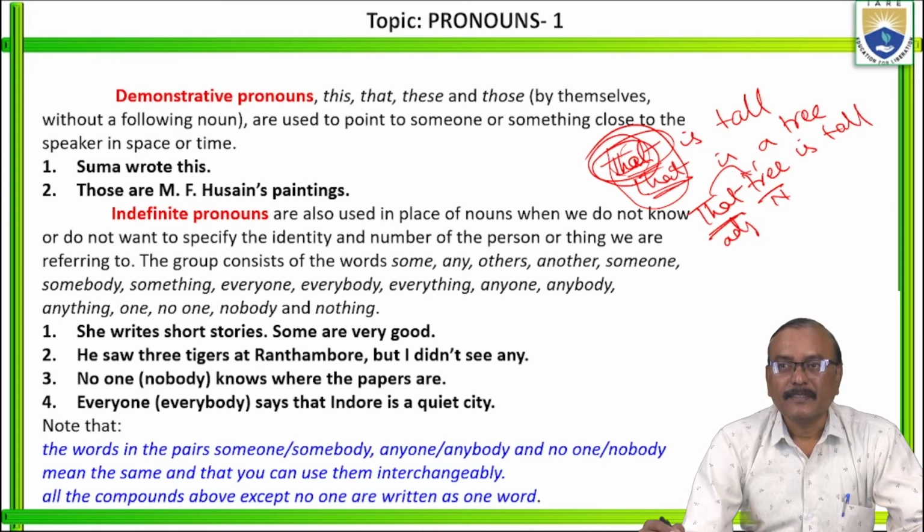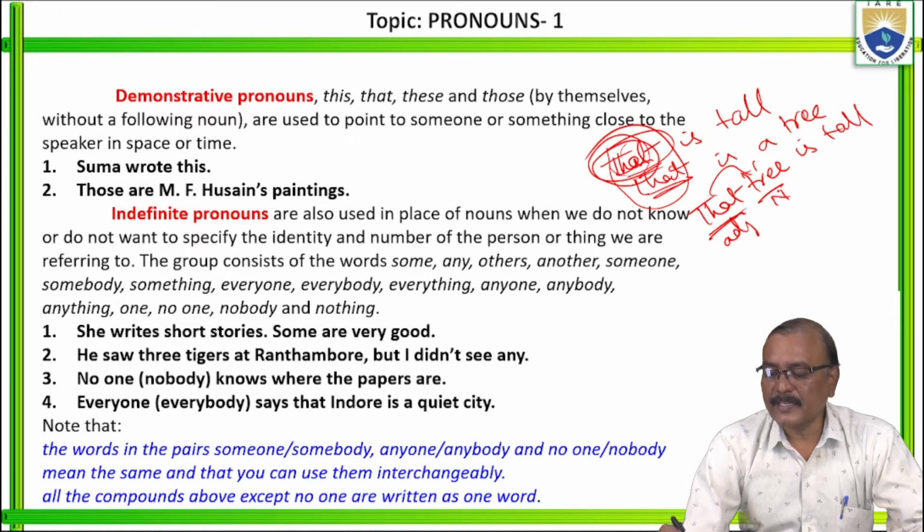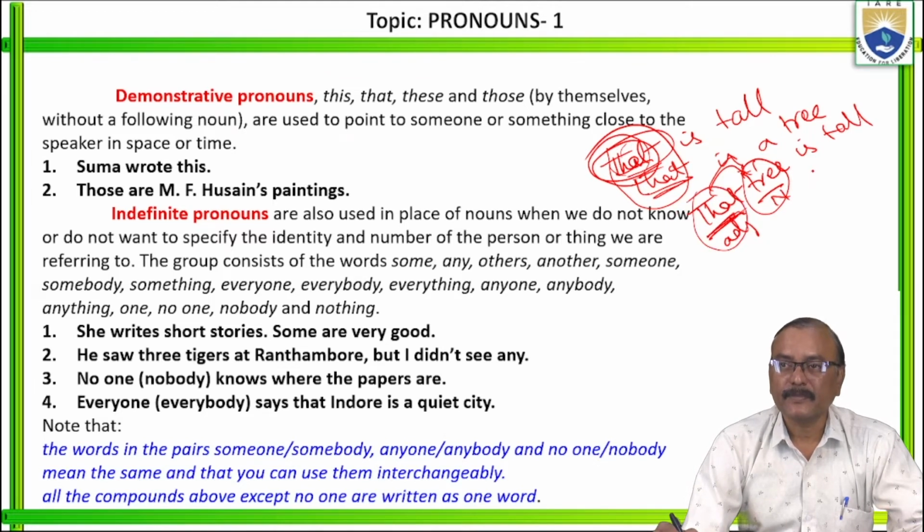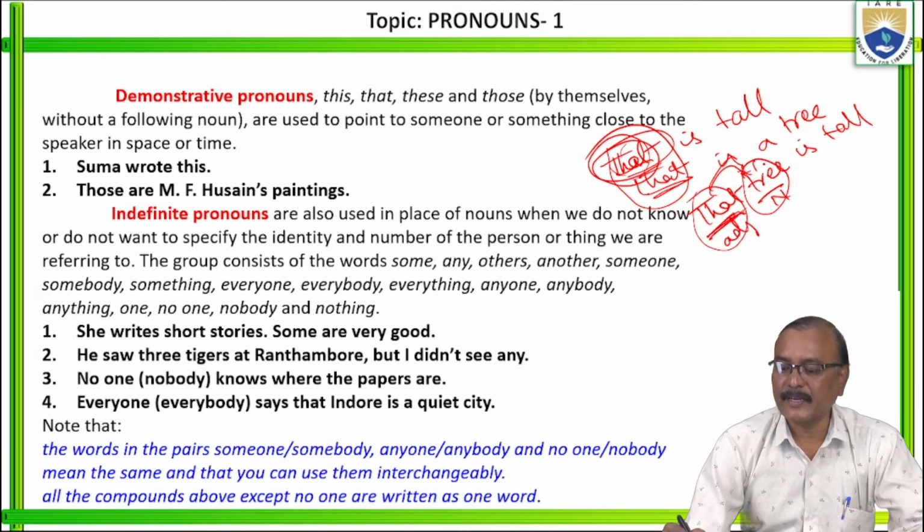Here, are we using that instead of a noun? We are using this word in addition to a noun, to qualify the noun. So, this is called an adjective. If the noun is not there, if tree is not there, we can say this, that as a pronoun.